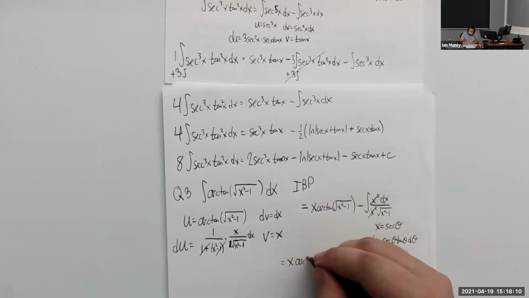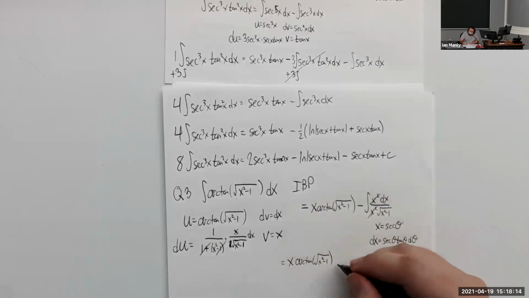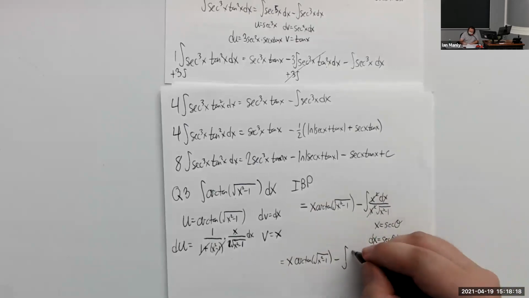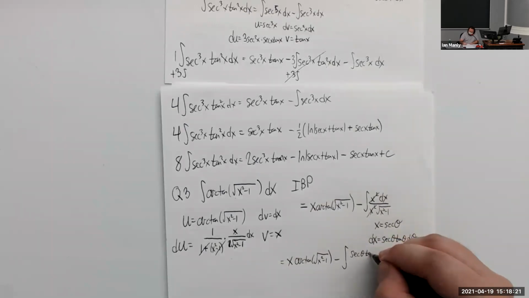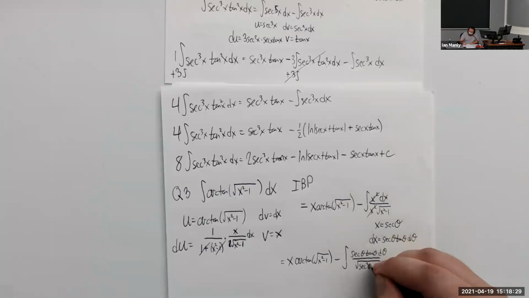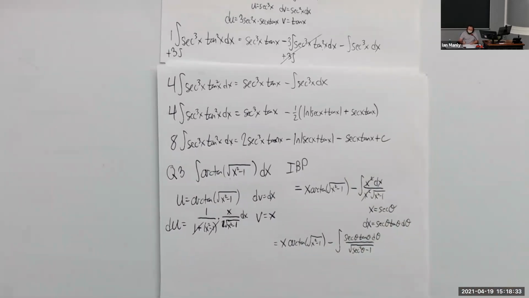Okay, so I have this stuff here, which is honestly just going to float along for the rest of the problem. And then I subtract, let's see, dx is the secant tangent I just got. And then on the bottom here, I have the square root of secant squared minus 1. Now what is the denominator going to simplify to? We've seen this quite a bit in trig sub.